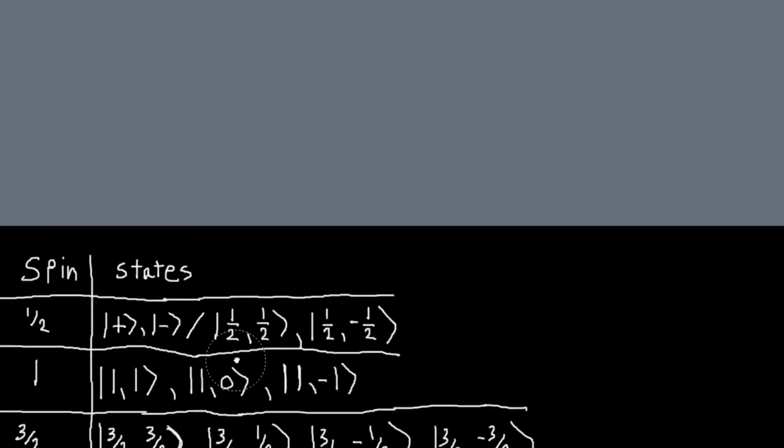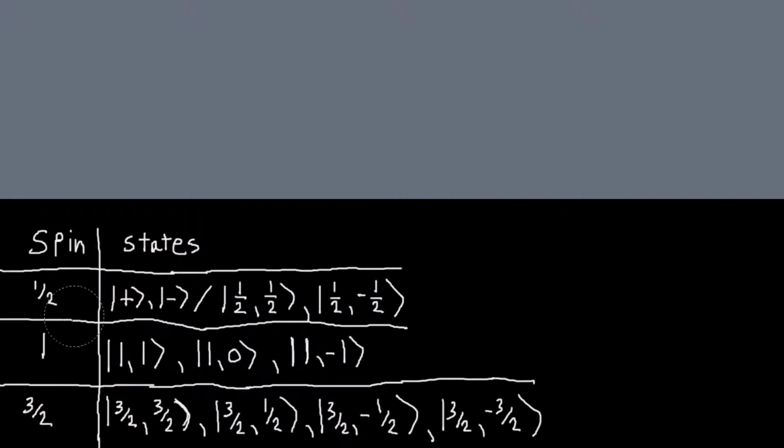So again, this state means the total angular momentum is 1, and the z component is 1. Here, again, total is 1, but the z component is 0, and then here it's minus 1. So we have these three states for our spin 1 systems.